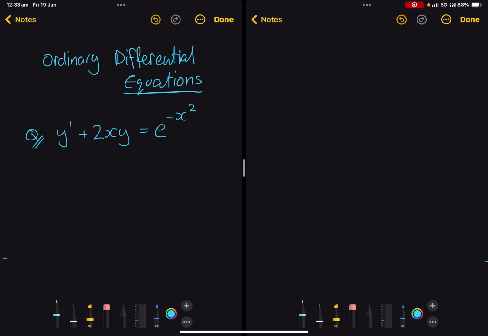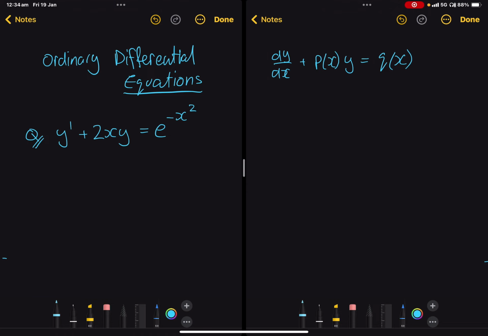Now this question is not easily separable as the last question was. This question is actually of a very specific form. It is of the form dy/dx plus p of x y is equal to q of x.